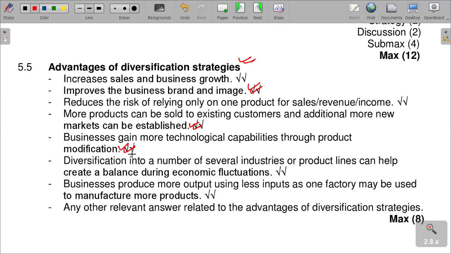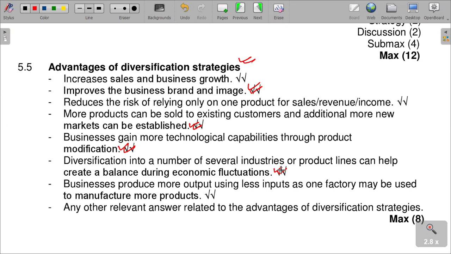And then diversification into a number of several industries or product lines can help create balance during economic fluctuations. Economic fluctuations, that is times of different business performances.